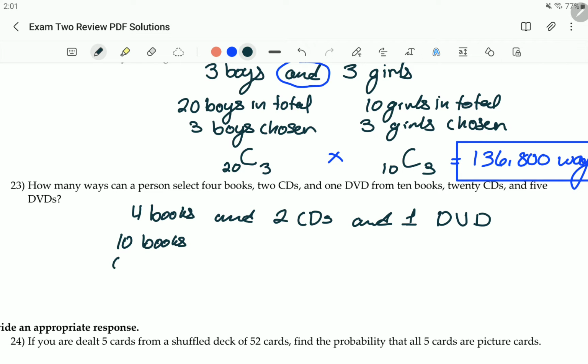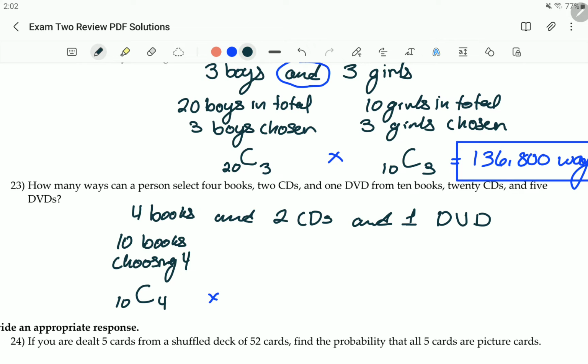You're choosing 4, and the order doesn't matter in how you choose your books or when you choose the books, as long as you choose 4 books. So that is the combination of having 10 books, choosing 4, and the order does not matter. And means to multiply. So we're going to multiply here. 2 CDs.